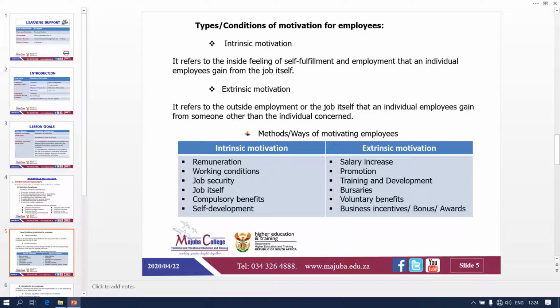When you look at voluntary, there are many things the employer will engage in. Business incentives, bonuses, awards. Those are parts of extrinsic motivation that motivate an employee. And the intrinsic ones are built in, and motivate the employee without anybody or a second person.